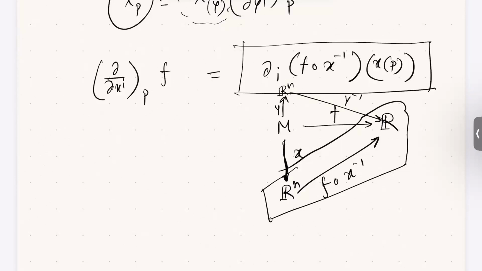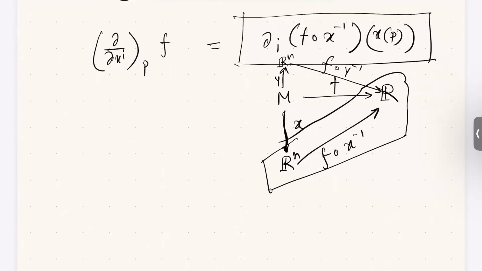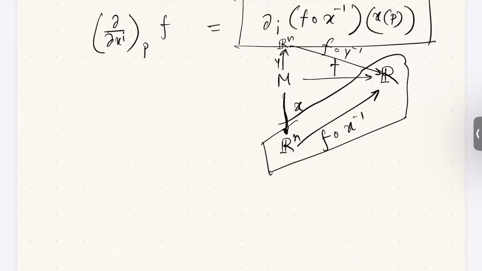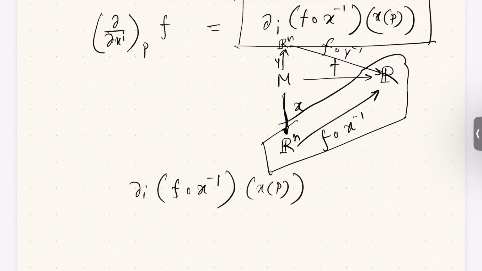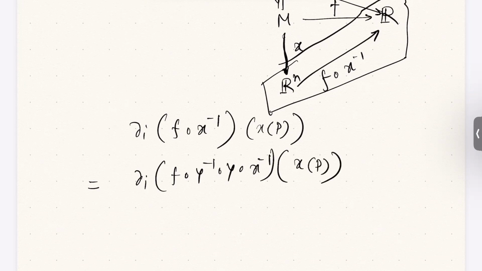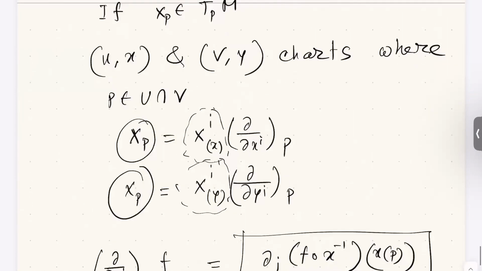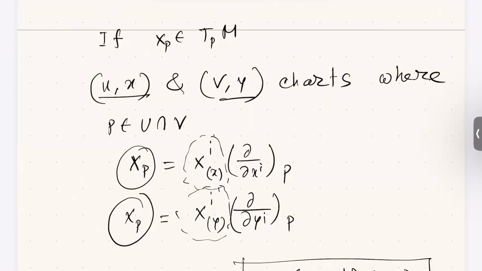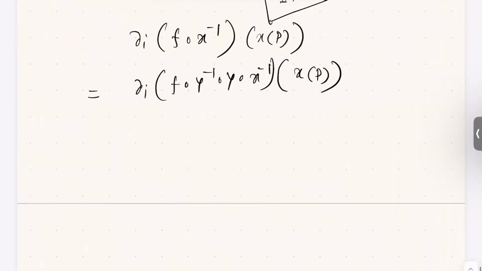So del i of f of x inverse at x of p, but let us just use del i of f of y inverse of y of x inverse at the point x of P, because I'm considering two different charts, U comma X and V comma Y.